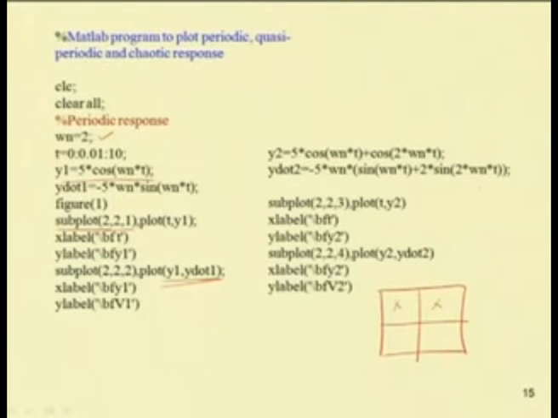Similarly, you have plotted the time response for the 2 periodic response at 2 2 3, and finally, the phase portrait corresponding to this 2 periodic response at this position. So, by using the subplot command, you can plot different subplots at different positions in a single figure.